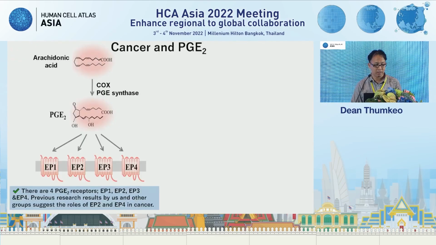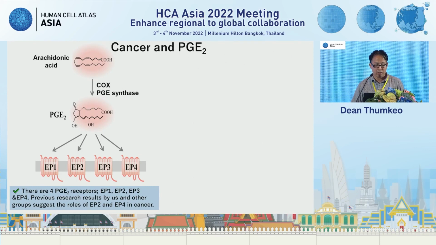First of all, I would like to give a brief introduction for those who do not know very well about PGE2. PGE2 is a lipid mediator generated from the fatty acid arachidonic acid through the catalytic activity of COX and PGE synthase enzymes.